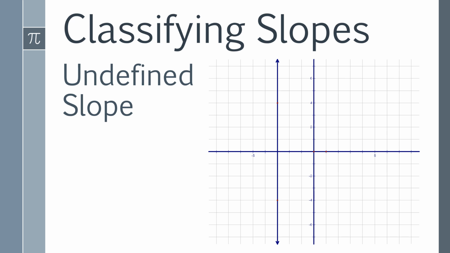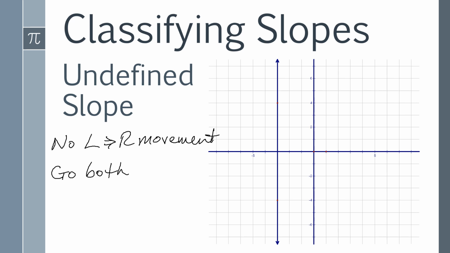Undefined slope, okay, in this case, we don't move from left to right. But we go both up and down simultaneously.